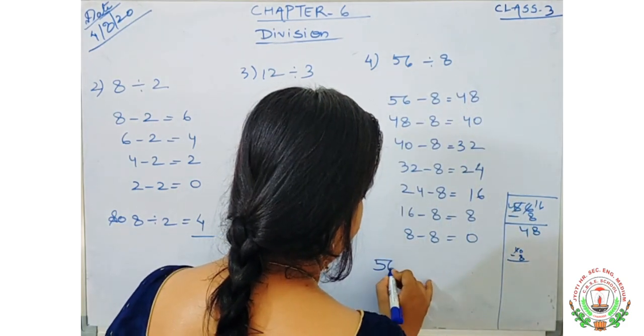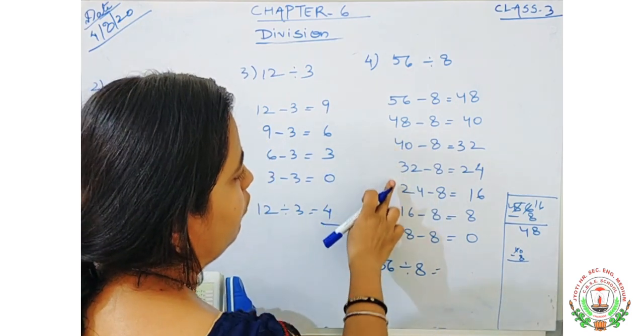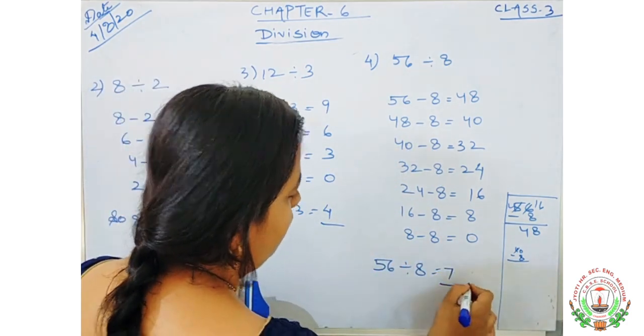So 56 divided by 8 is equal to how many times? 1, 2, 3, 4, 5, 6, 7. So what will come here? 7.